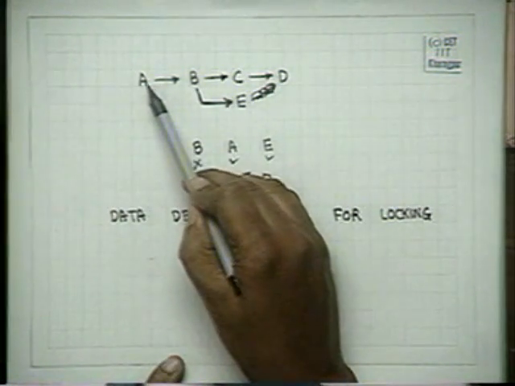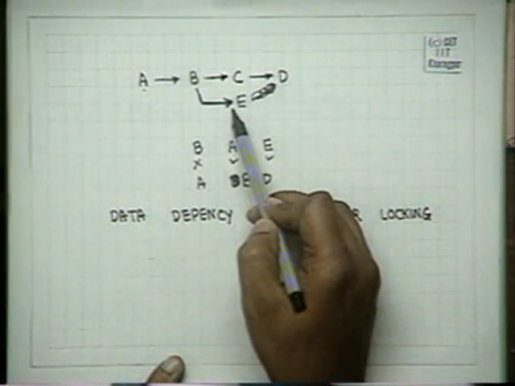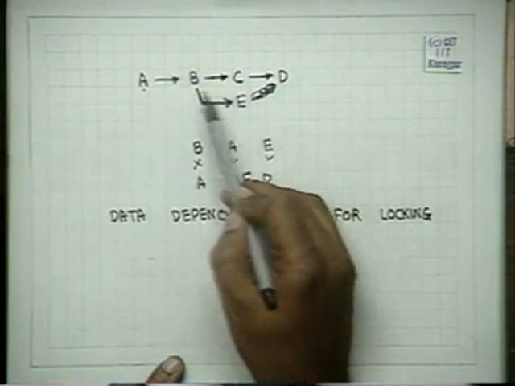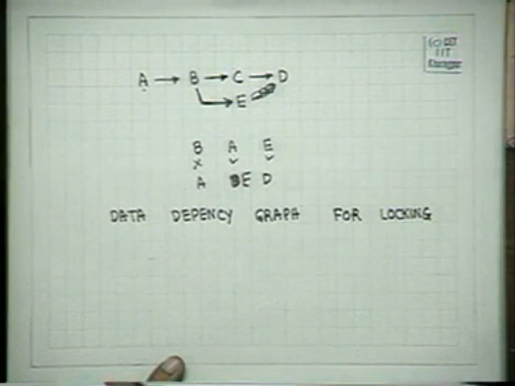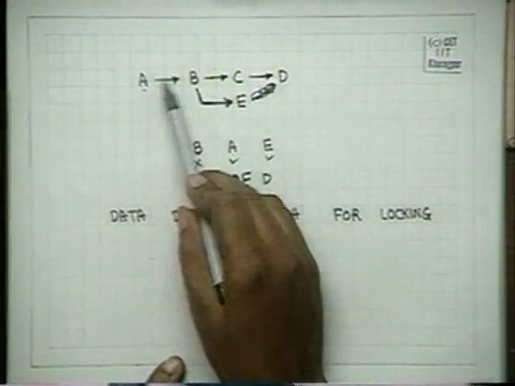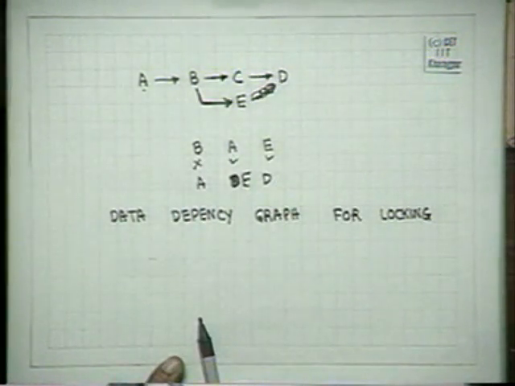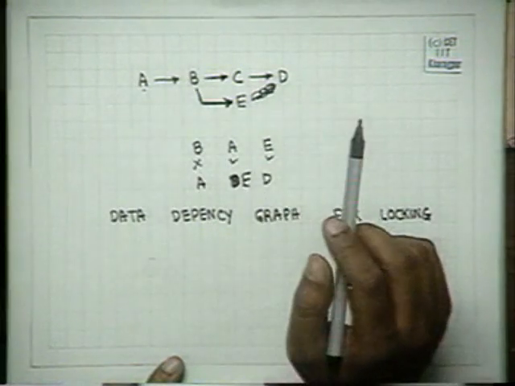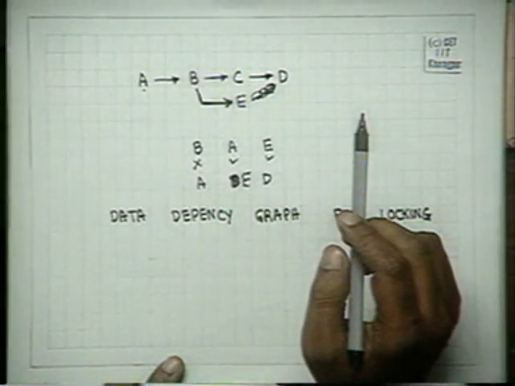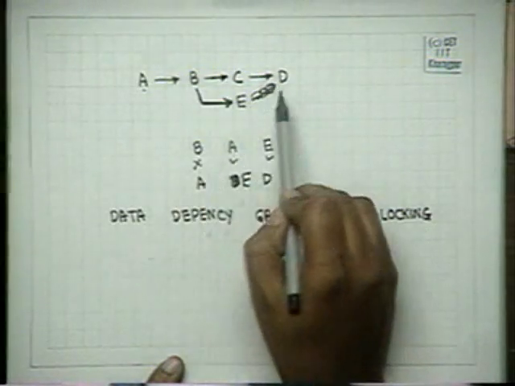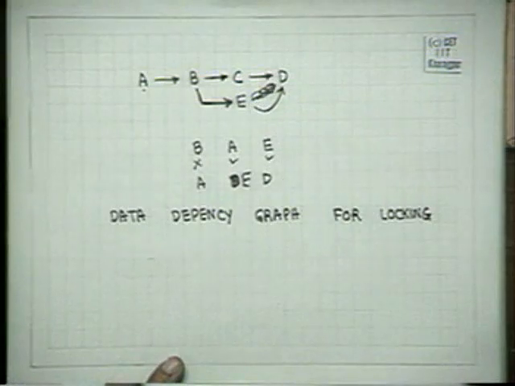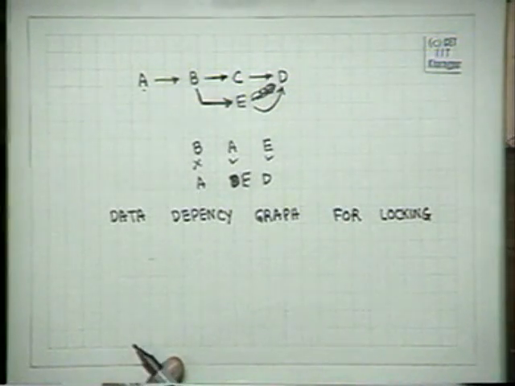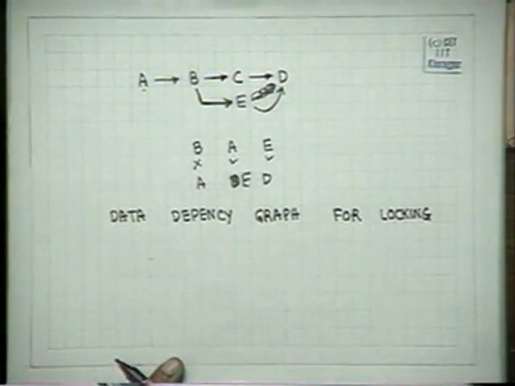I can do it in the order A, D, E, or I can do it in the order A, E, D. Suppose I do it in the order A, E, D. I can do it in any order, none of them is going to give me a cyclic dependency. If I do it in A, E, D, then I will have to add this edge to the dependency structure, so that later on people will not do D before E.